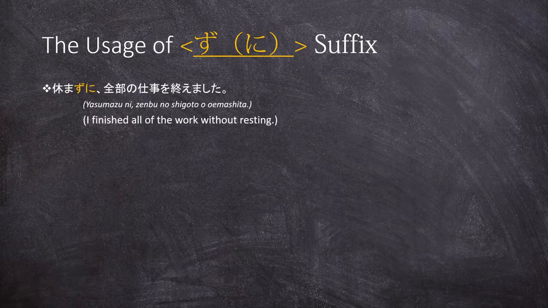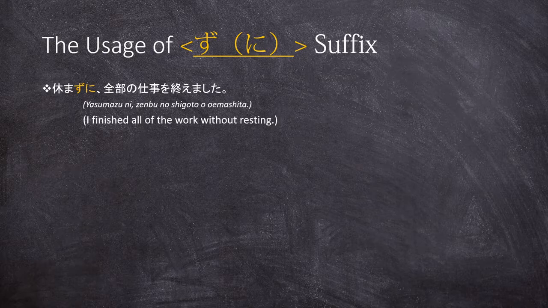Now, I will dissect this example completely so that we can lay the basic groundwork for analyzing and understanding all of the examples after it. As you can see, our sentence has been split into two clauses, clause A and clause B, with zu ni acting as a conjunction.